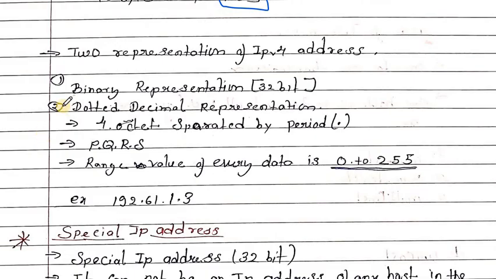Here is the representation of an IPv4 address, either as a binary string or in dotted decimal.